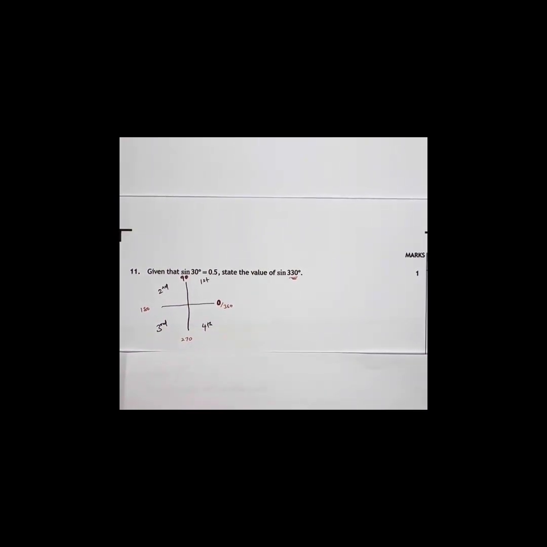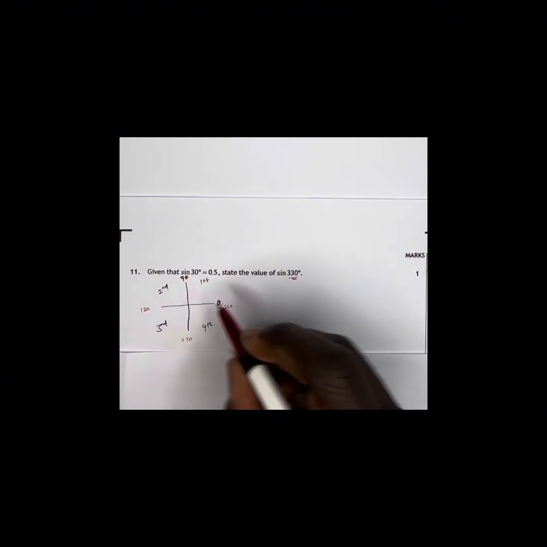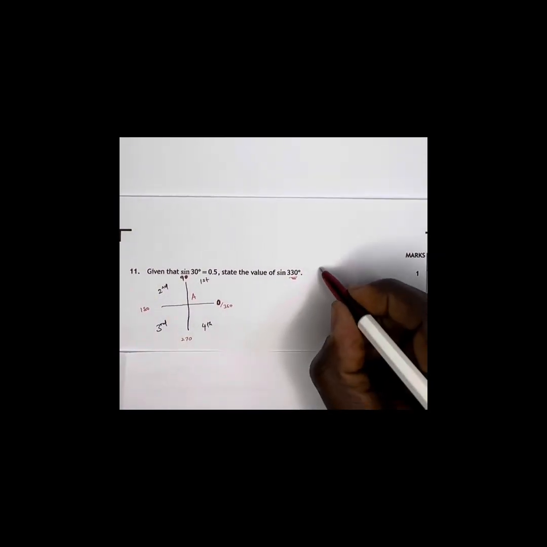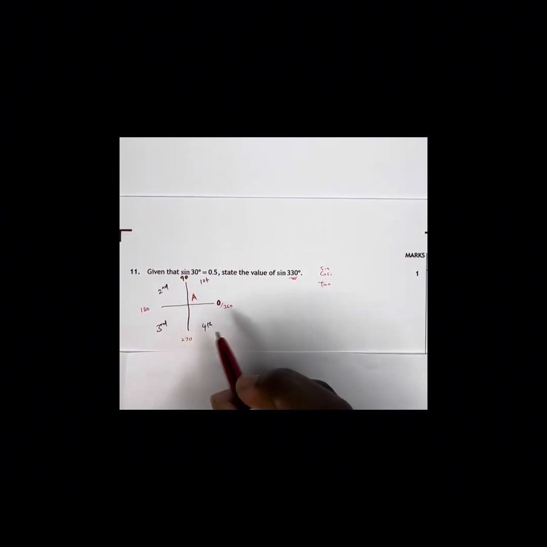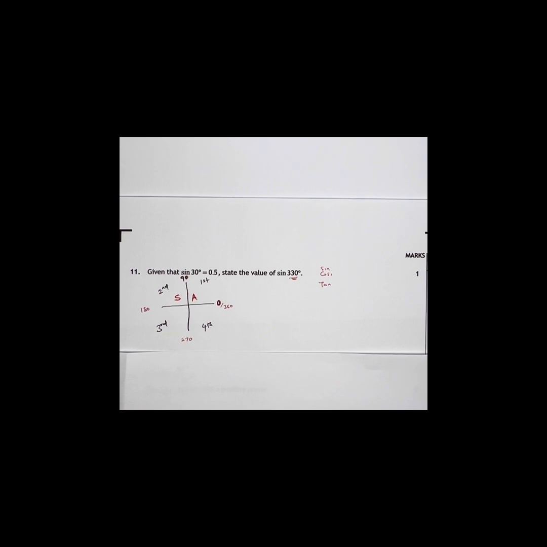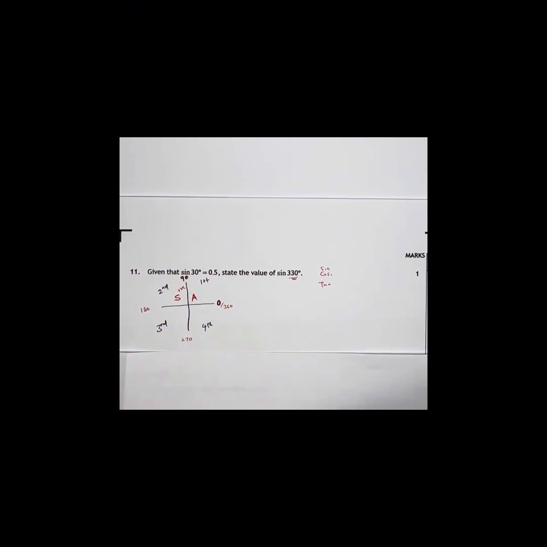Another thing we need to know is that in the first quadrant, I call it A, all of sine, cosine, and tan have positive values. In the second quadrant, only sine is positive, which means cosine and tangent take negative values.